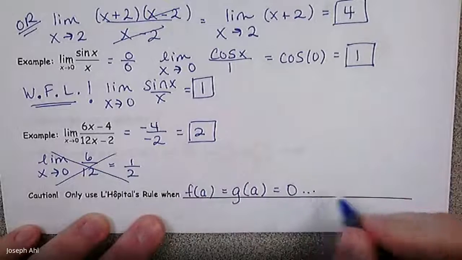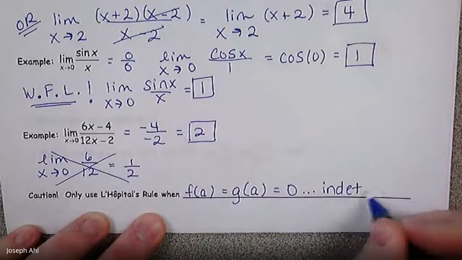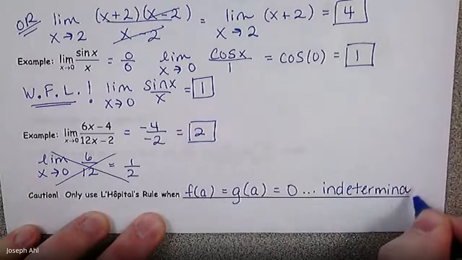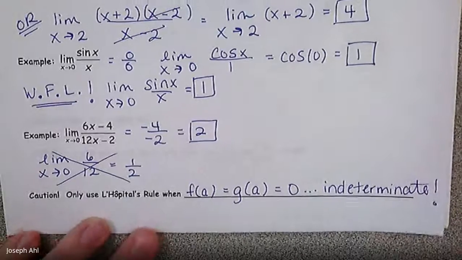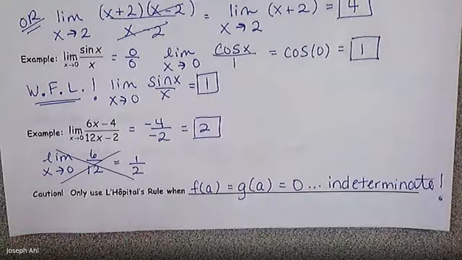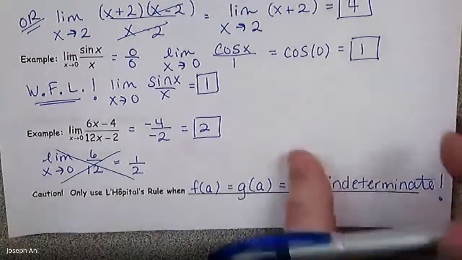In other words, you're getting that indeterminate form. So before you go ahead and start finding derivatives because you're really excited, think carefully about plugging in the value that x is approaching in the limit. Once we do that, if we get 0 over 0, then we can go ahead and apply L'Hopital.